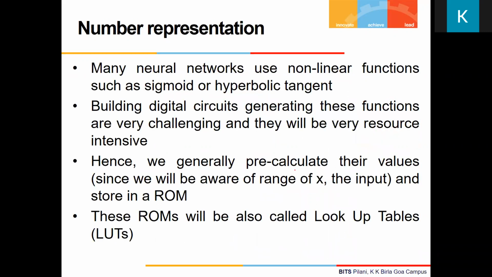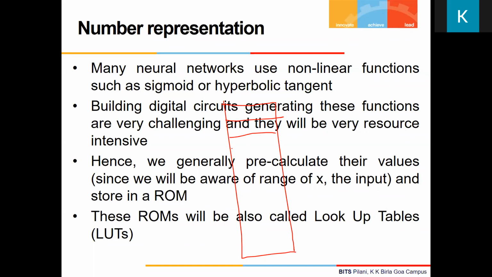So what basically happens is the output from our accumulator, I will be giving as the input to this ROM. Basically, it will be going as the address to the ROM. And I have the pre-calculated value there. From there, the output will be coming out. Now, another factor which may affect here: you can pre-calculate the value and store it.